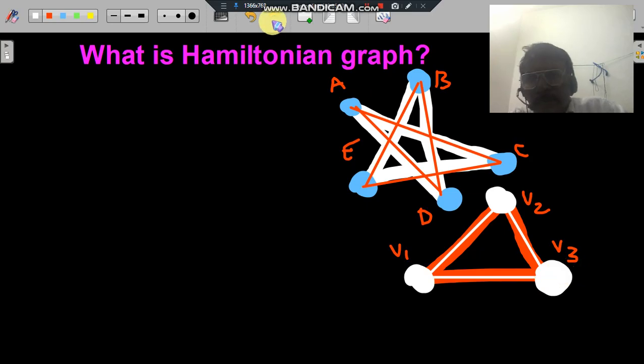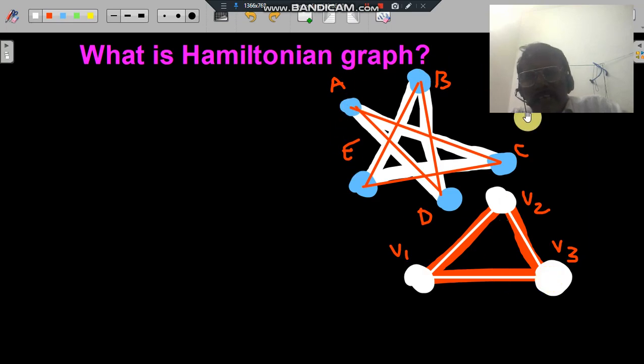Next, V1 comes only one time, and again it reaches where it starts. So it is a cycle starting from V1, then V2, then V3, and V1. Note the appearance of the vertices: V1 only one time, V2 only one time, V3 one time.